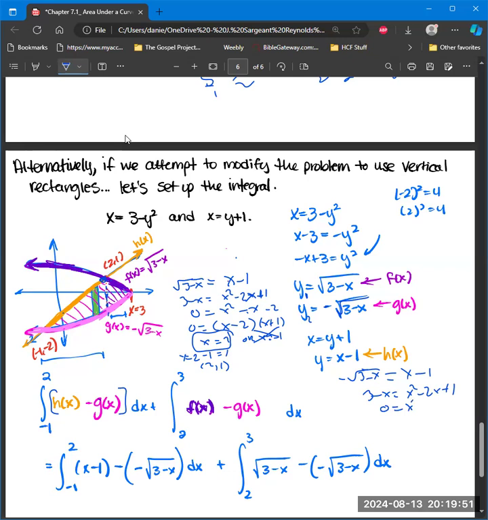Again, I get 0 equals x squared minus x minus 2. 0 equals x minus 2 times x plus 1. x equals 2, or x equals negative 1. This time I want the x equals negative 1 piece. And when x equals negative 1, negative 1 minus 1, to get the y piece, would be negative 2. And there it is.